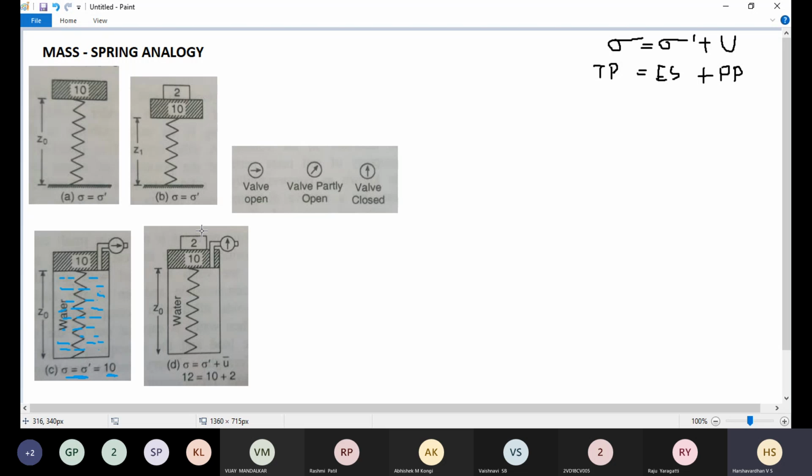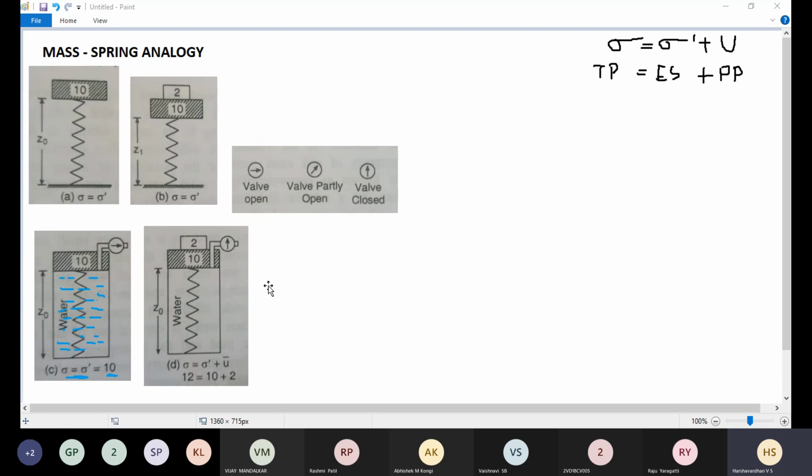Now this 2 units is entirely borne by water. So this is the second stage. I am adding 2 extra units, and that extra stress due to two units is entirely carried by water.